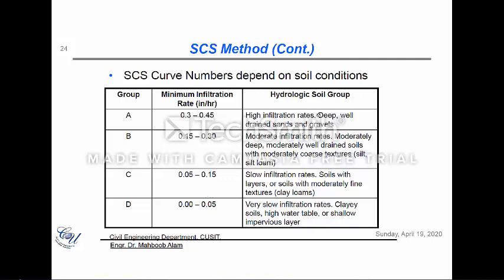And similarly, by observing the kind of catchment or area for which you are calculating the runoff, you will decide which group you belong to, A, B, C or D.